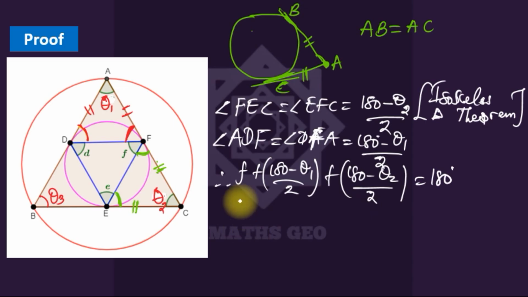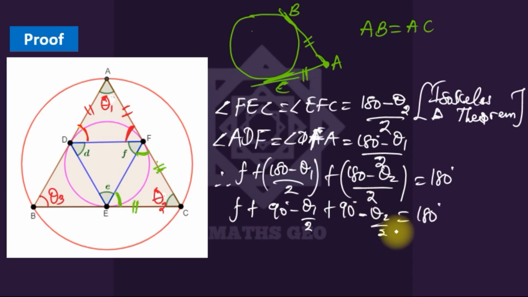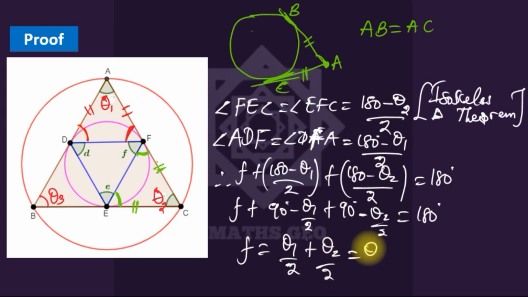So this is F, plus 90 minus theta 1 over 2, plus 90 minus theta 2 over 2, is equal to 180. So 90 plus 90 is 180, 180 gone. Therefore, F will now be theta 1 over 2 plus theta 2 over 2, which is their average, theta 1 plus theta 2 over 2.